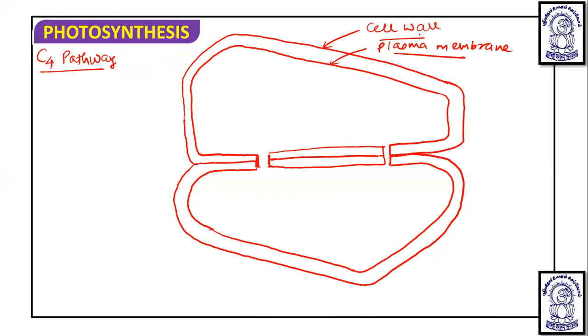Such a way these are arranged. Now what reactions take place, that we have to understand. So here this is the cell wall, this is the plasma membrane, and this is the mesophyll cell, and this is the bundle sheath cell.